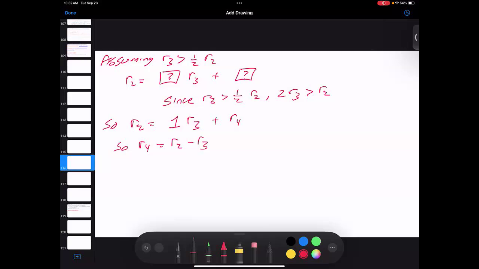So if you take R2 and you subtract more than half of it, you can't have more than half of it left, right? If I have 100 and I subtract something larger than 50, whatever's left has to be less than 50. So this is going to be less than 1/2 R2, and that finishes the proof. So every 2 steps, we have to decrease by at least a factor of 2.